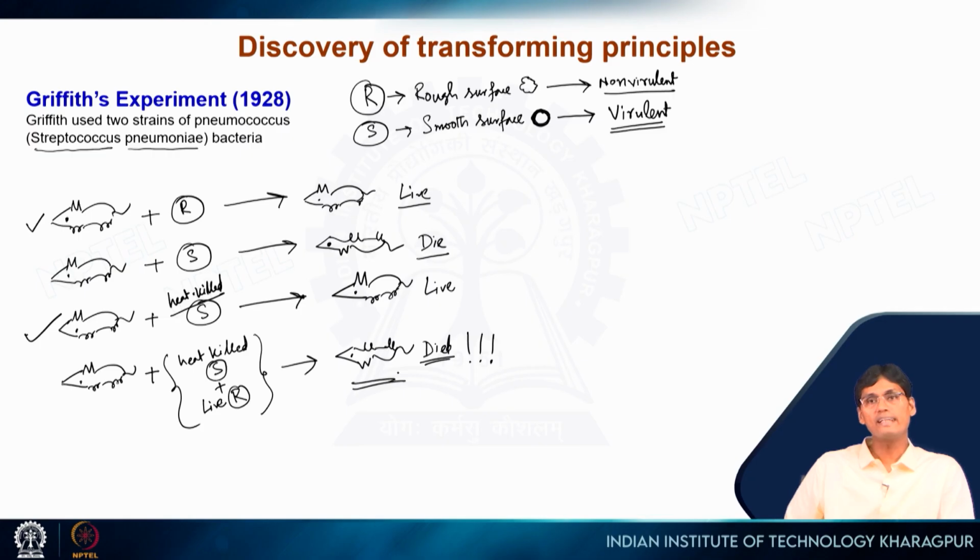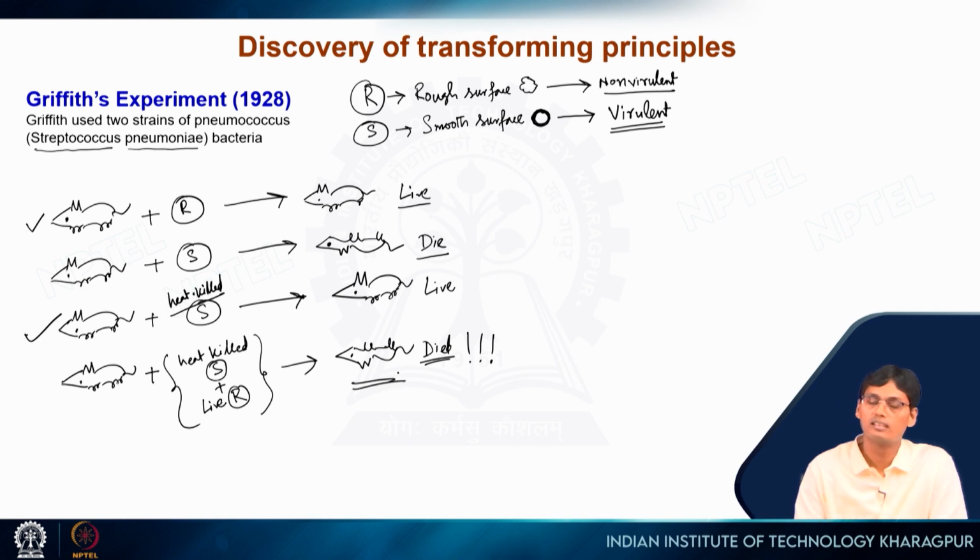So, he hypothesized that something is present in the heat killed S cells that converts the R strain of bacteria into a virulent strain, so that the mouse dies.